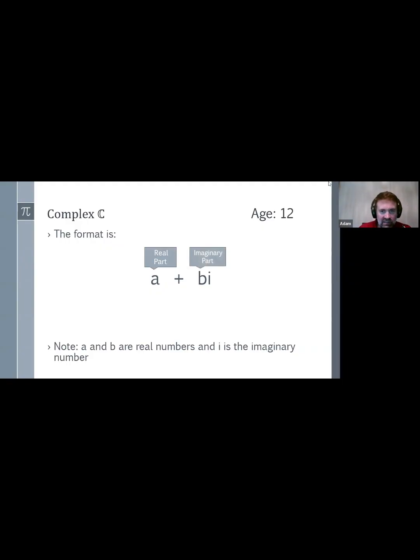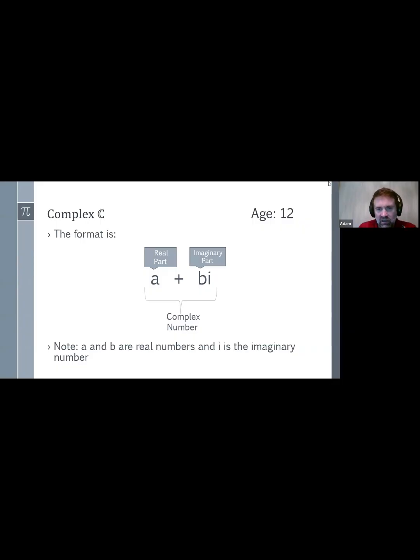And bi is the imaginary part. I'm sorry, bi, because b is actually real. It's a number like 5, but the entire thing, 5i, would be imaginary. That's the imaginary part. And you add the two together and they become a complex number.